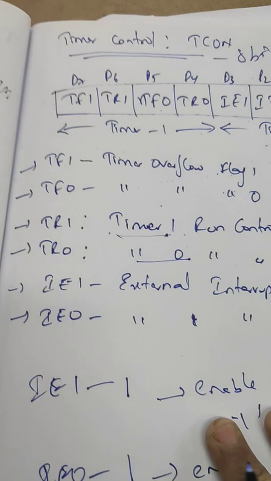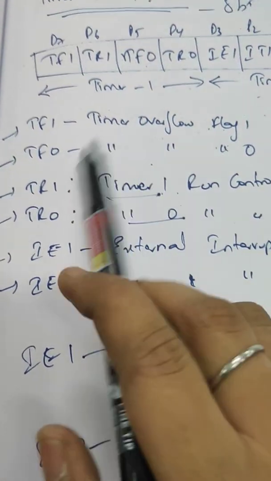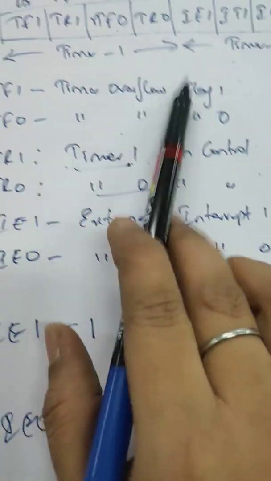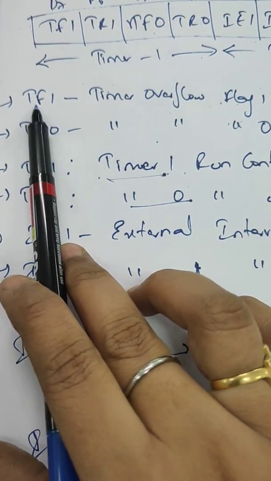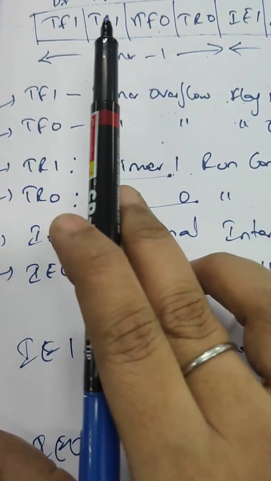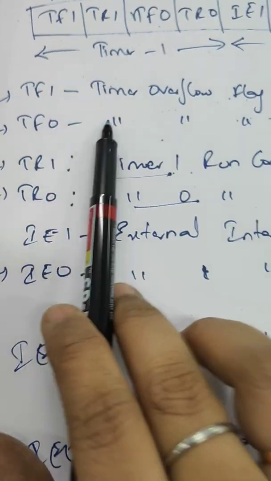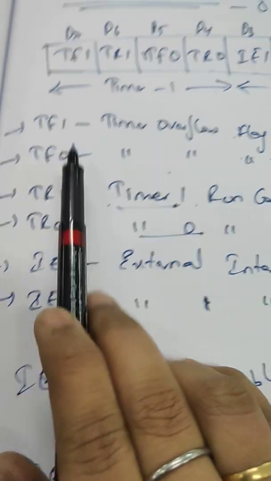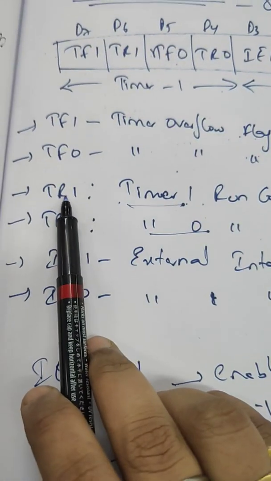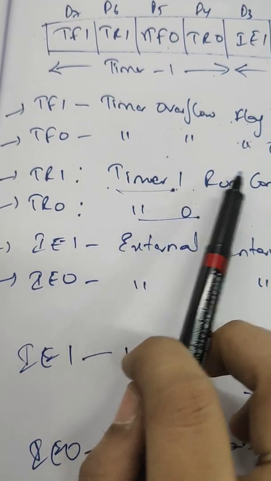Okay, so once again, TF1 is timer overflow flag 1. It is set to 1 when overflow occurs at timer 1. TF0 means timer overflow flag 0. It is set to 1 when overflow occurs at timer 0. TR1 means timer 1 run control.